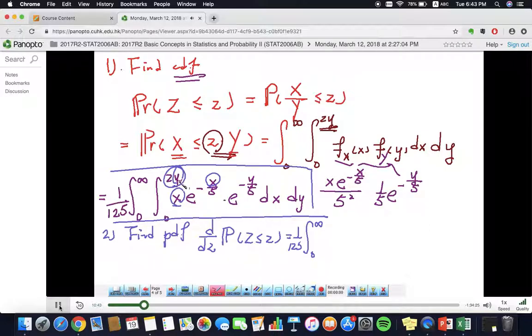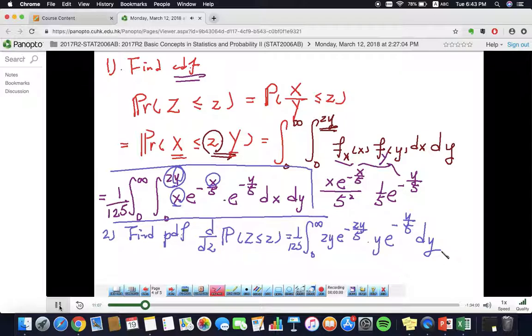So we have an additional y. So here we got zy e to the minus zy over 5, and together with the chain rule, we got y. So here we got y e to the minus y over 5 dy. So here is the overall stuff.